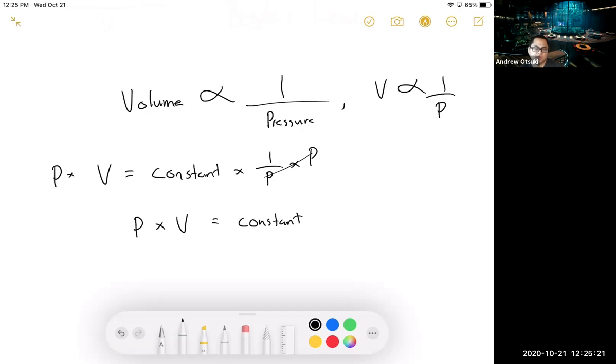So don't worry about what the constant means. Just know that we use it to get this equation. And at the end of the day, what we want to remember is that volume is inversely proportional to pressure, and that we can use this following equation to solve for pressure and temperature.